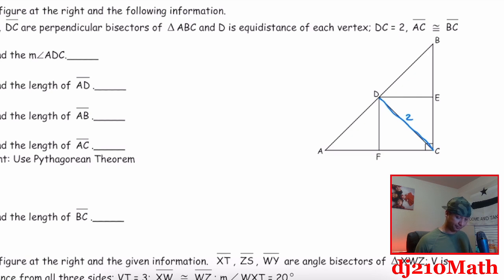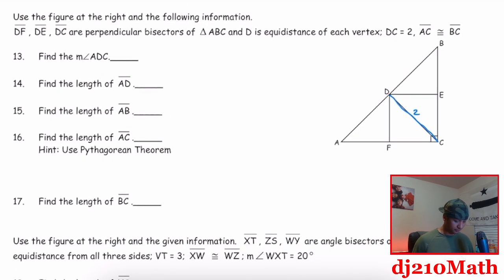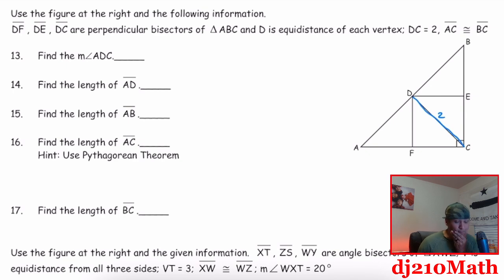Let me think. All right, so what are some things we can do? Right, all of these are going to be congruent.